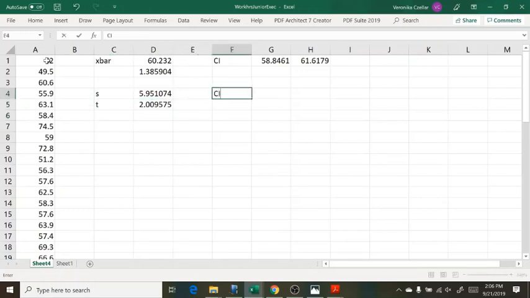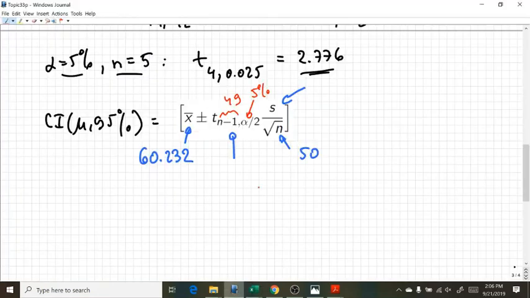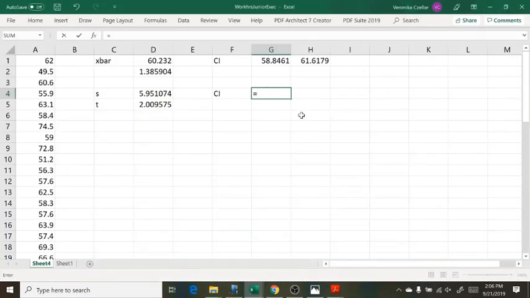And now we can build our confidence interval. We said that it's x bar plus minus this t that we just obtained, right? We said that this was 2.01 and this was 5.95, if I remember it correctly, right? That's right.